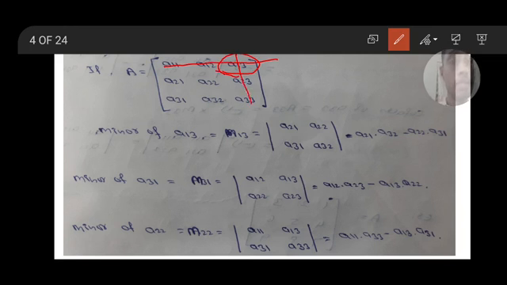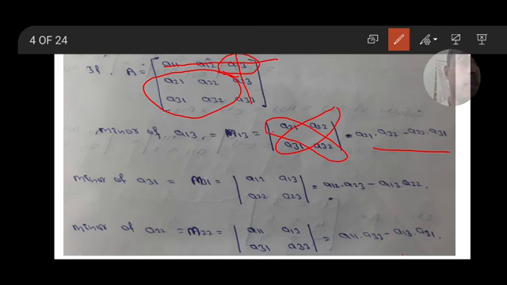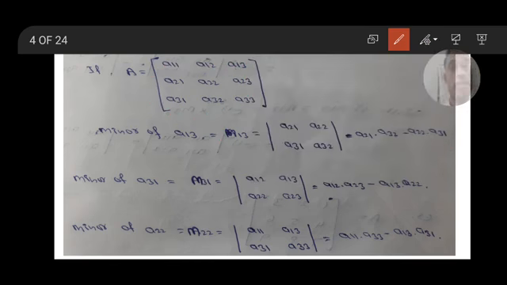The remaining matrix is A21, A22, A31, A32. It is a 2 by 2 matrix and its determinant is AD minus BC, that is A21 into A32 minus A22 into A31. It is the minor of that element A13 and it is denoted by the notation M13. A13 minor is M13.